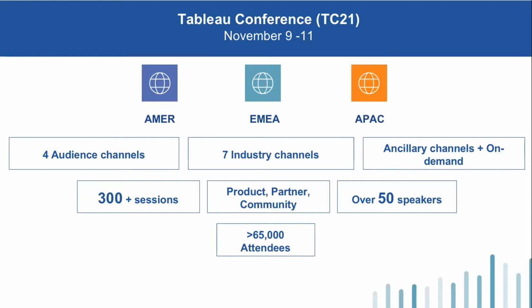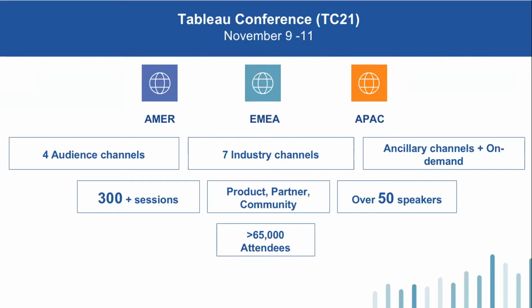Once you register and as the event draws near, Tableau will be sending out an email with helpful information about what to do during the event, how to navigate the event platform, how to start planning your schedule, because there's over 300 sessions. That is insane. And over 50 phenomenal speakers.